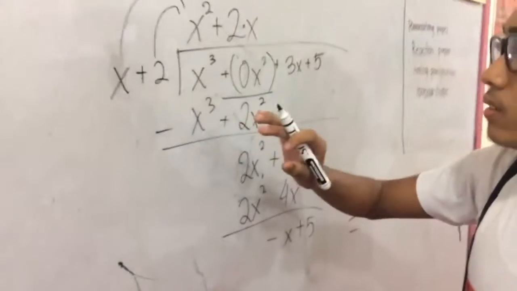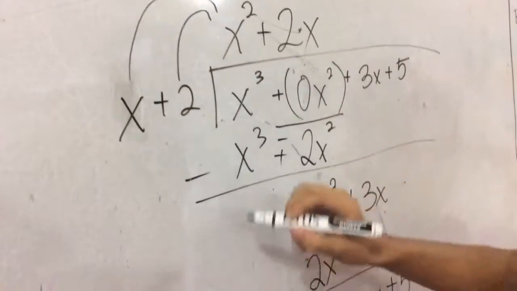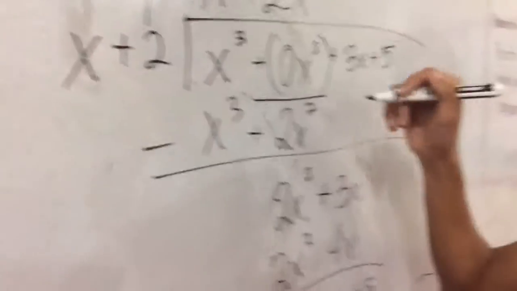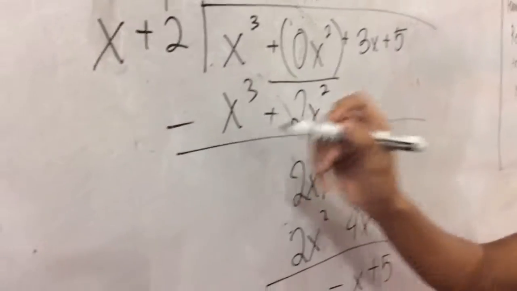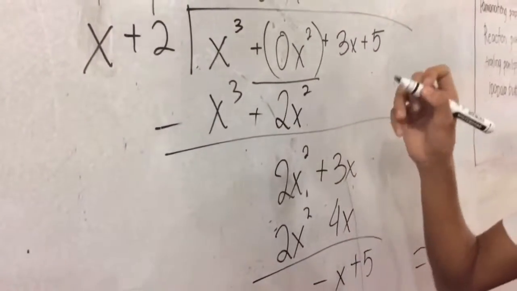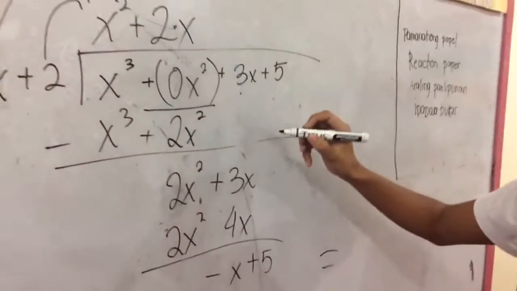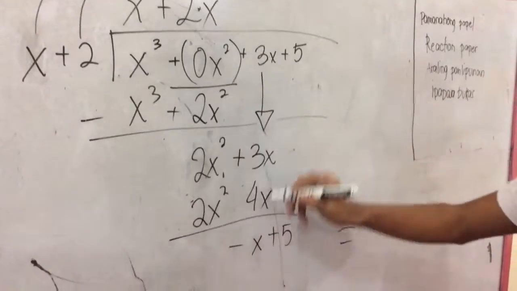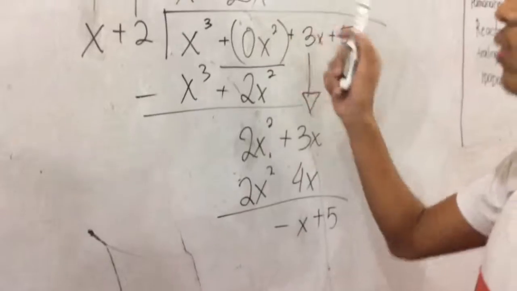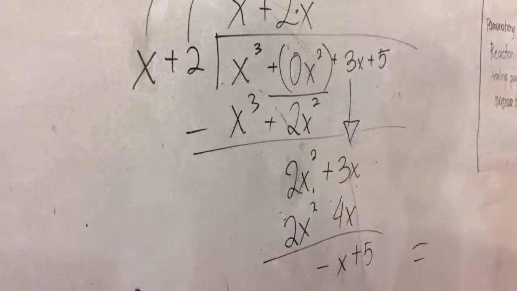So since you now minus it, this will become negative, and also this will become negative, which would mean x cubed plus 0x squared minus x cubed minus 2x squared, which would only leave 2x squared. Then you just bring down 3x and then divide. So x divided by 2x squared would be x squared. 2x times x would be 2x squared.